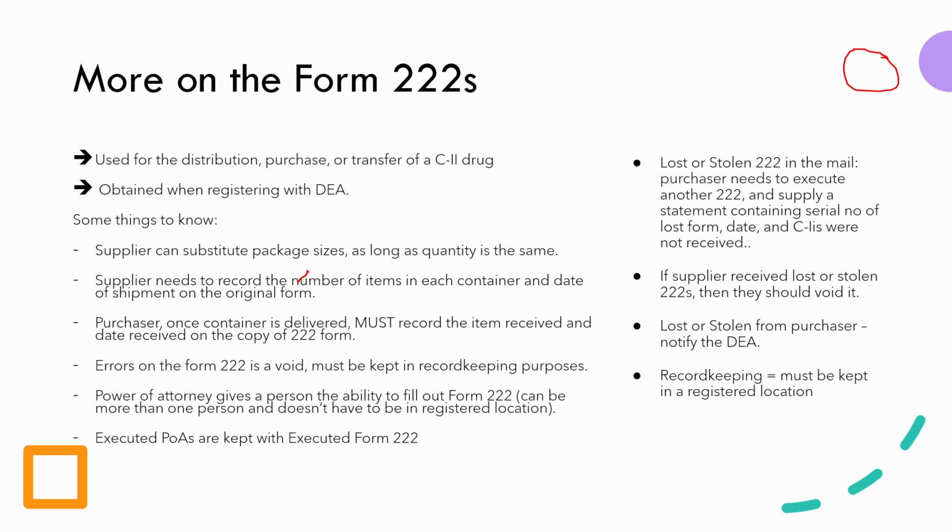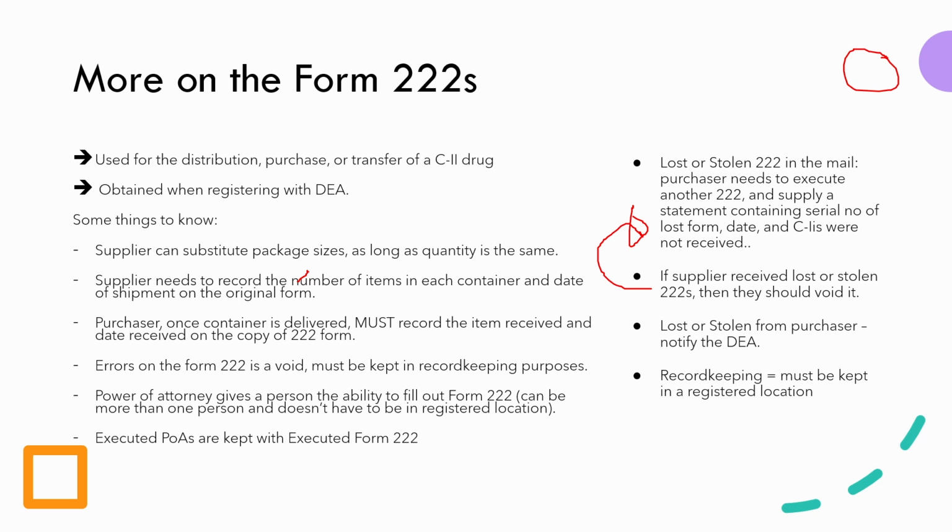If the supplier, the one that has the drug, receives the lost or stolen 222, they should void it, because you have a statement with those details, so they know they should void it.